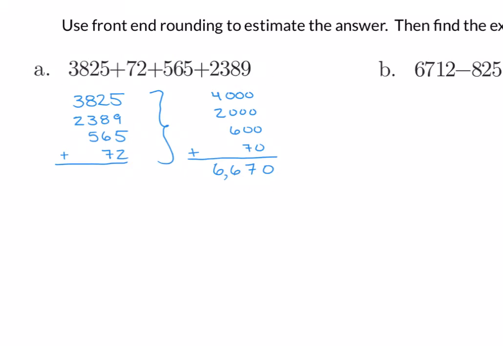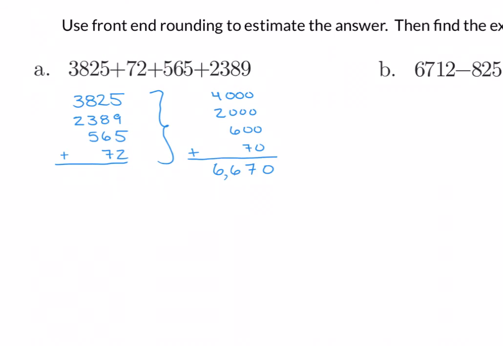Okay, so now we want to go ahead and find the exact answer. The estimate, what we're going to use it for is to check that our computations make sense in the grand scheme of things. So if we go ahead and do the exact answer, let's see what happens.